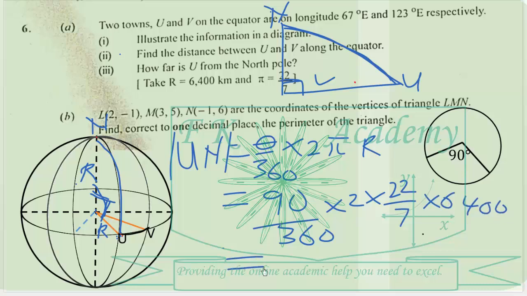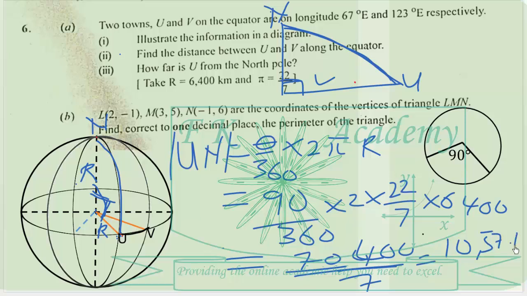And this will simplify to 70,400 over 7. In decimals, we are obtaining 10,057.14 kilometers.